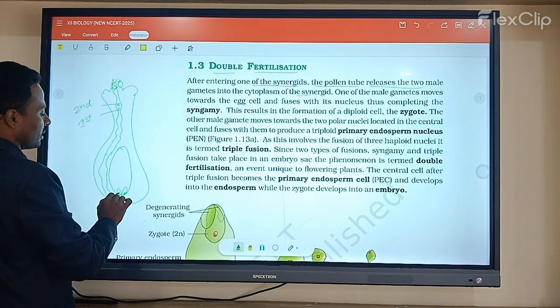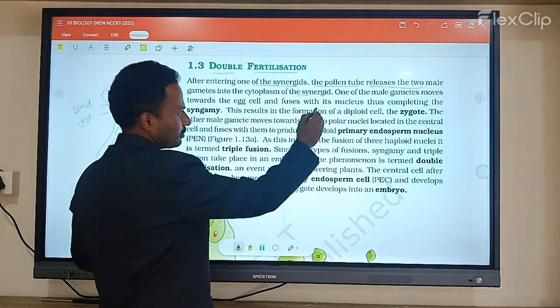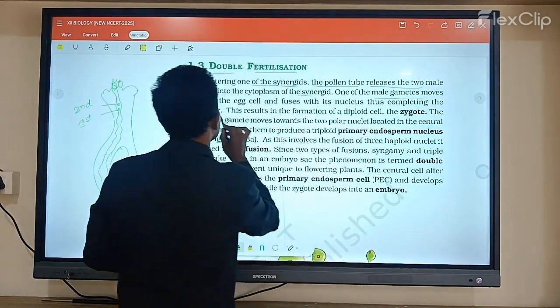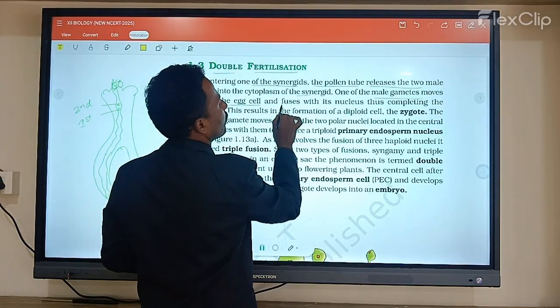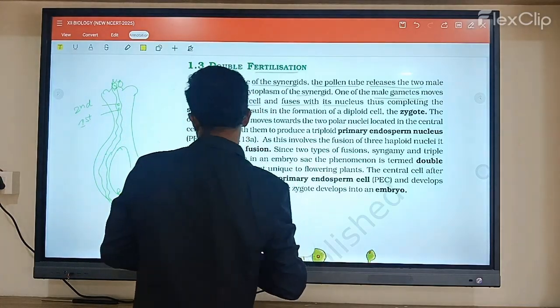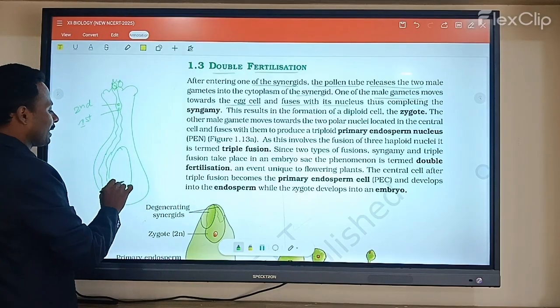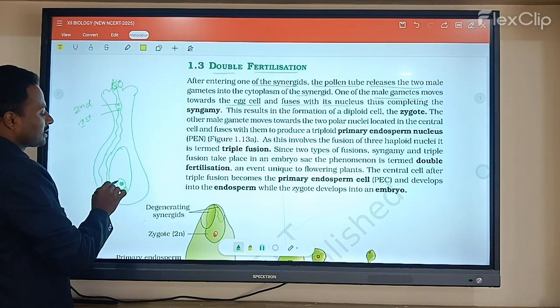Next, one of the male gametes moves towards the egg cell and fuses with its nucleus. So one male gamete fuses with the nucleus of the egg cell.